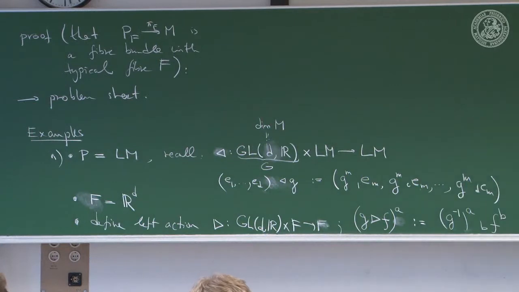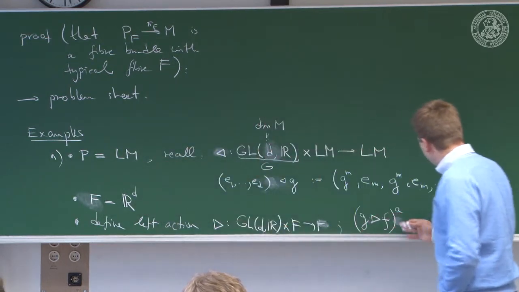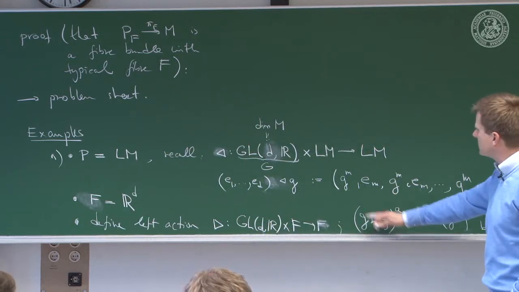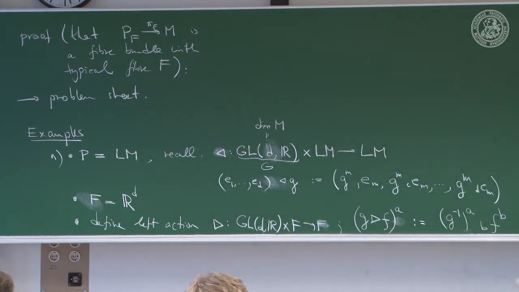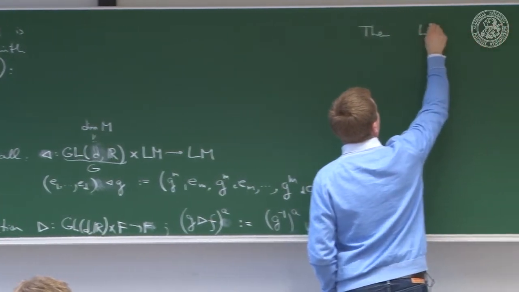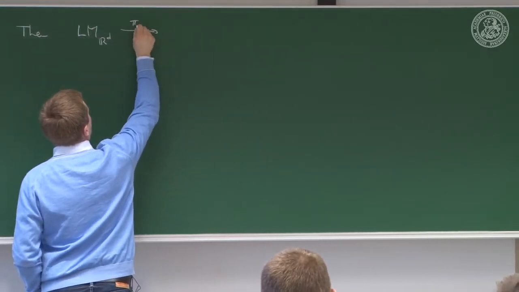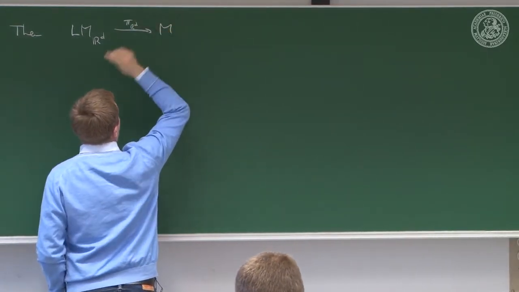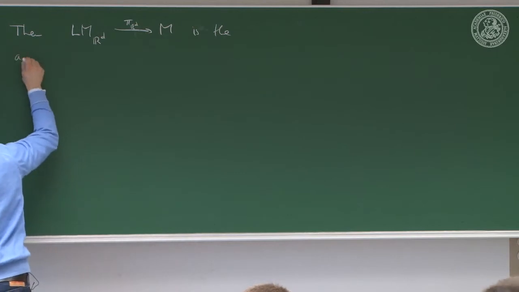We provide this as an input, and now we are done because I provided you with a principal bundle, with a fiber, and a definite left action, a specific left action of the same group, that are the fibers of the principal bundle, on this F. So L_M with fiber R^D, pi down to M, is the associated bundle.